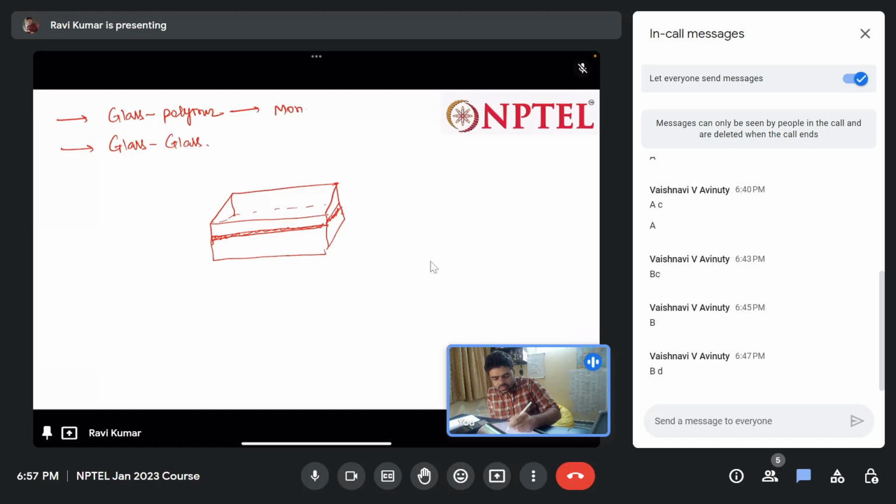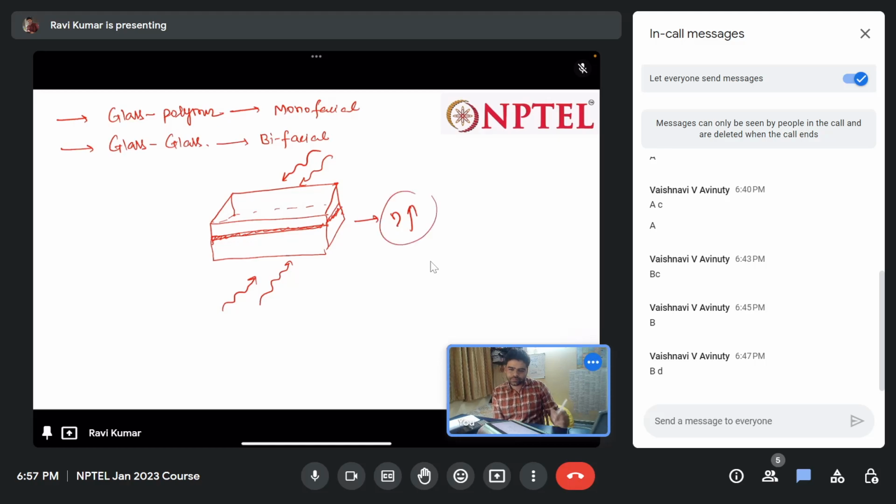Generally we say this is monofacial, meaning light is coming from one side only, and this is known as bifacial. Light is coming from both sides. So if light is coming only from one side, we say it is monofacial. But if some light is also coming from the back side, and rather than using backseat we are using glass, then it will increase the efficiency of the solar cell.